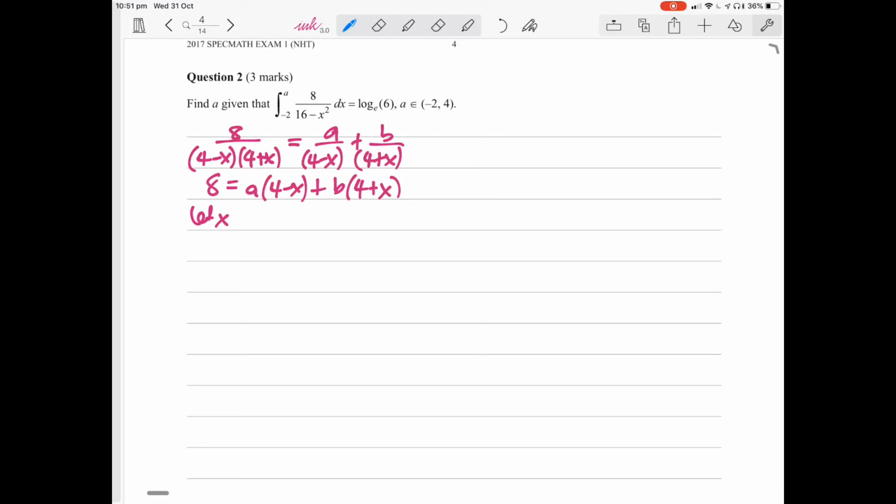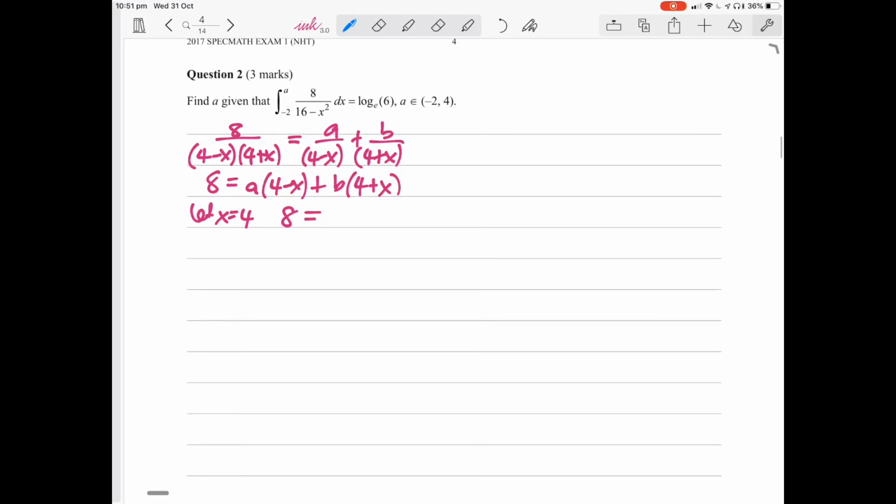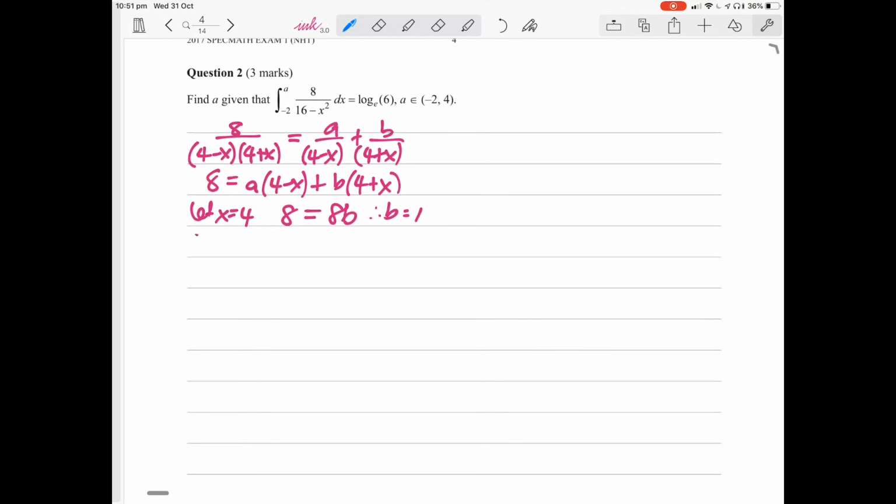If we let x equal 4, that's going to equal 0, so I'm going to get 8 equals 8B, so B equals 1. If I let x equal -4, I'm going to get 8 is equal to 8A, so A is equal to 1.